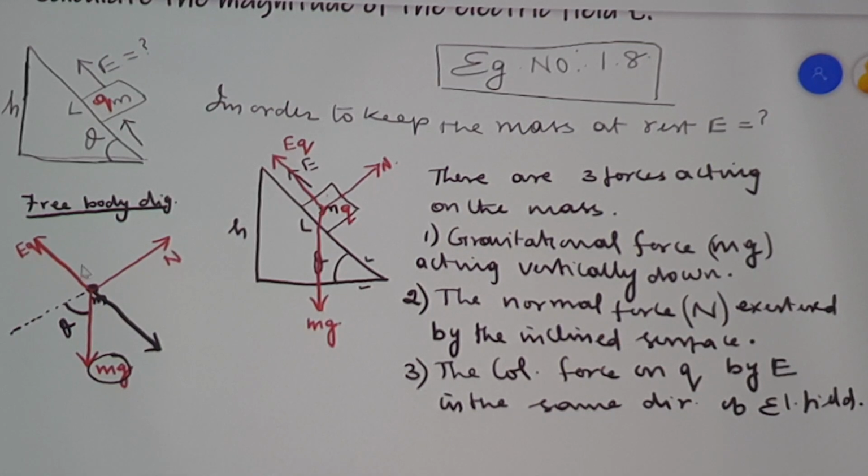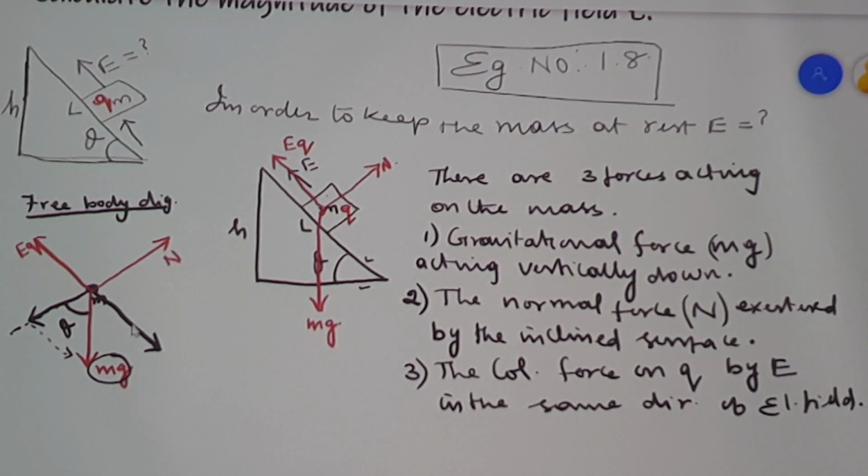Another component acts perpendicular to it, along this direction. One is the adjacent side of theta, and the other is the opposite side. Generally, mg is resolved into a horizontal component and a vertical component, where both are perpendicular components.